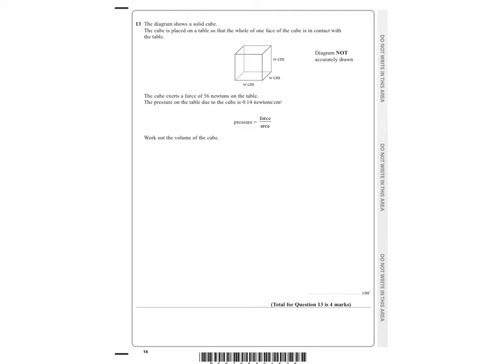So that means our area is going to be W times W, which is W squared. Okay, so we know our pressure because it says our pressure is 0.14. We know our force because it says our force is 56, and we know our area is W squared.